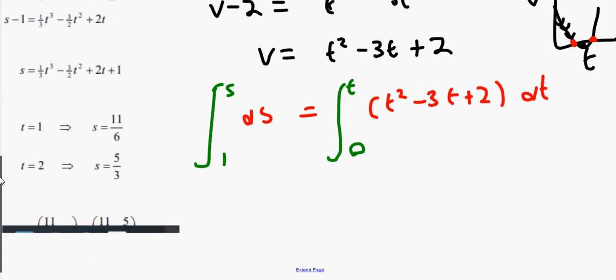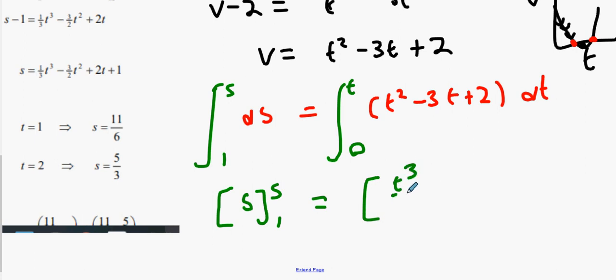Now, what we're going to do next, guys, is the following. We're going to do s from s to 1. And we're going to do t cubed over 3 minus 3t squared over 2 plus 2t, and we're going from t to 0.